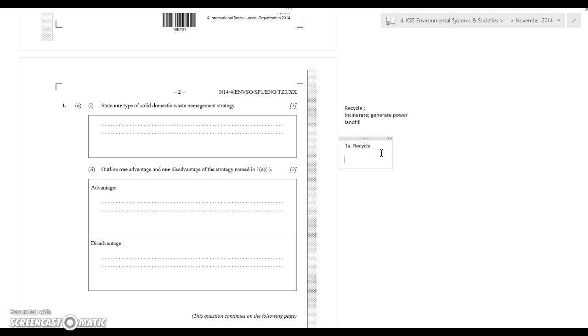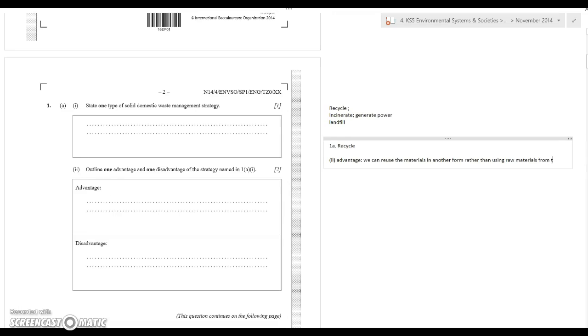It's just one mark. Then 1A part 2, advantage: we can reuse the materials in another form rather than using raw materials from the earth, such as fossil fuels.